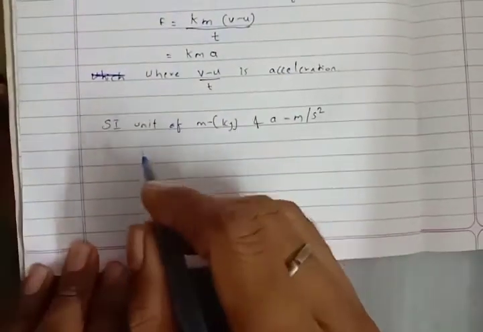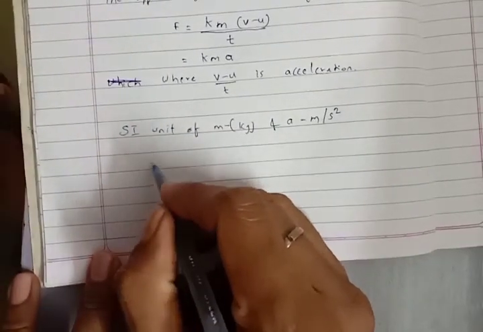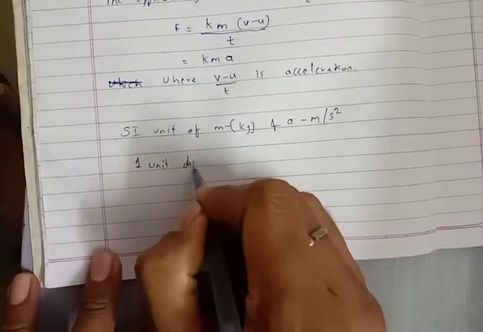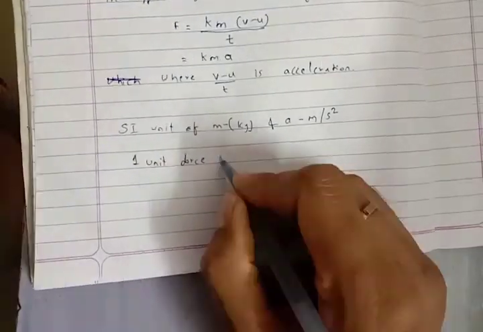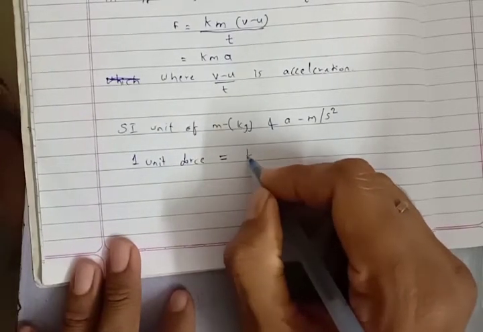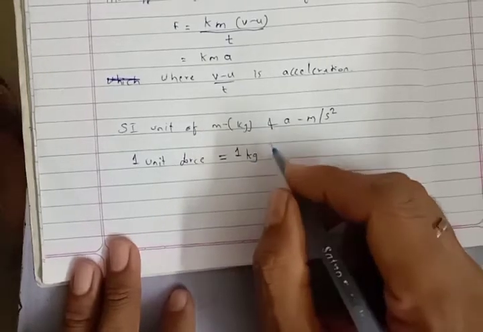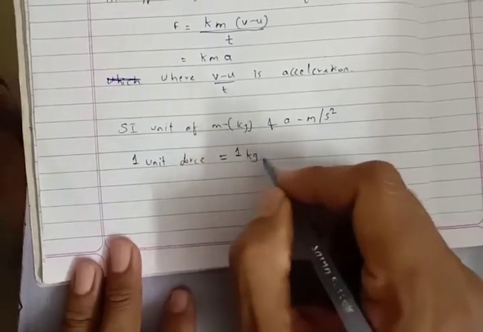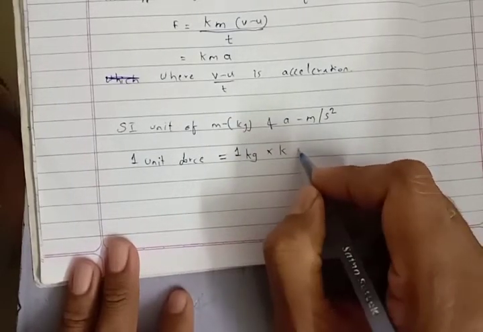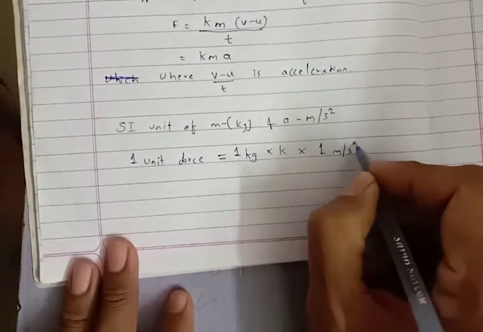We will see. 1 unit force equal to 1 kg of mass into k, the constant we forgot to write, and the acceleration is 1 meter per second square.